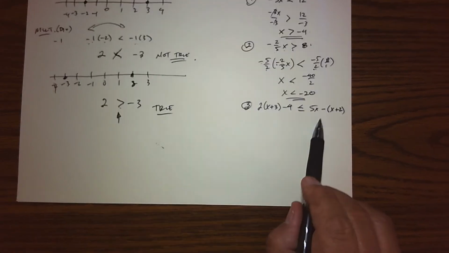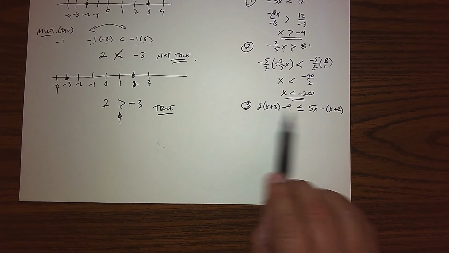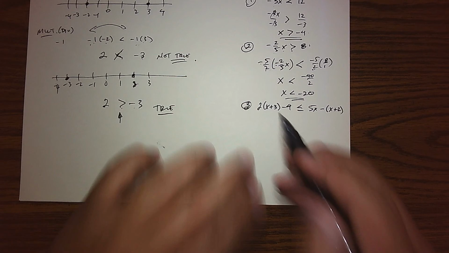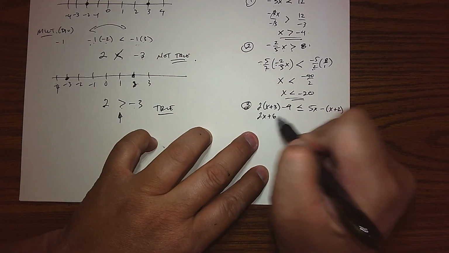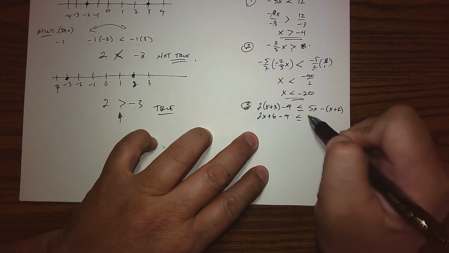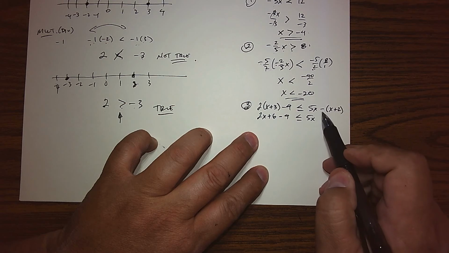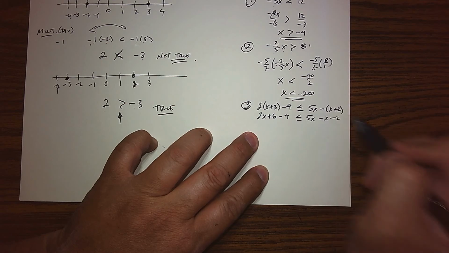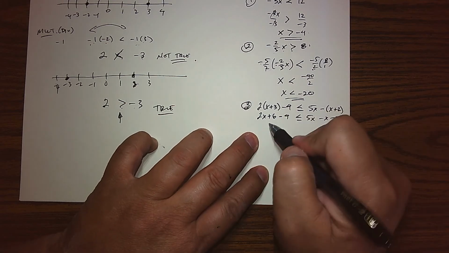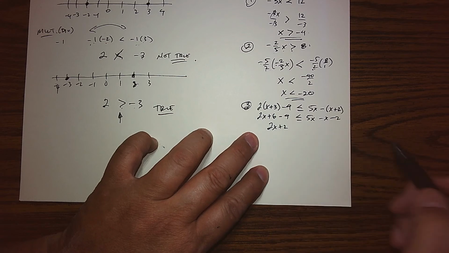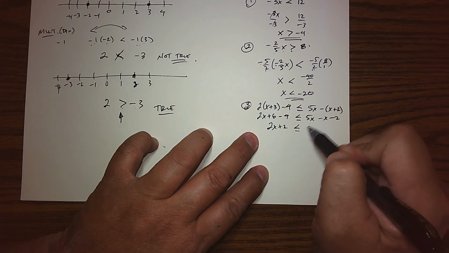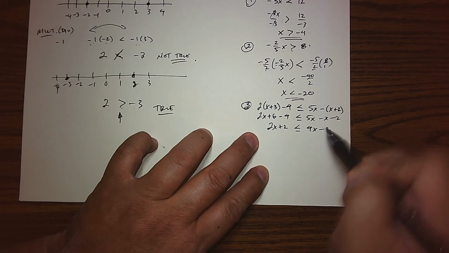Last but not least, in number 3, before I do anything, I have to do some simplification. So I would distribute on both sides. We're distributing a minus, so all the signs change behind us. Combining like terms, we end up with 2x plus 2, and 4x minus 2.